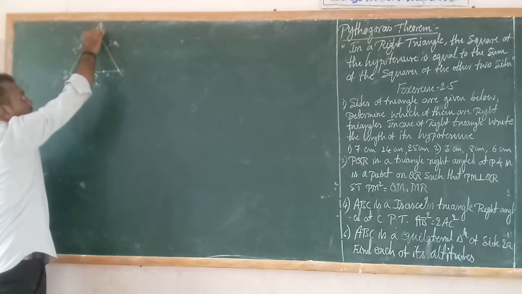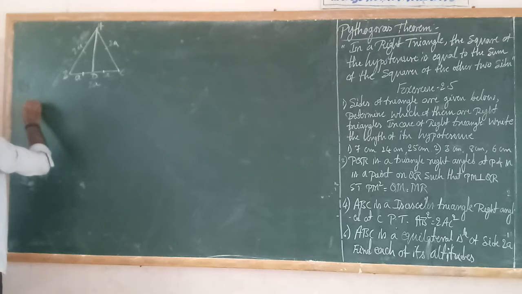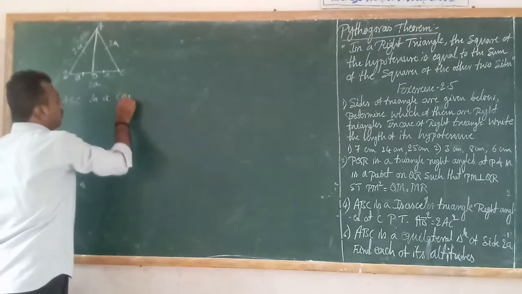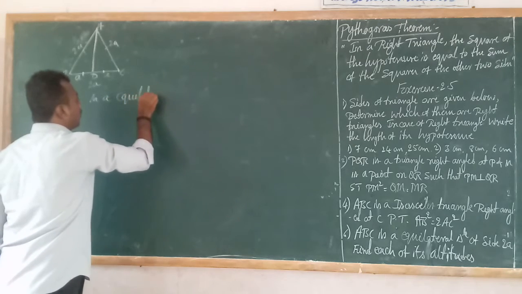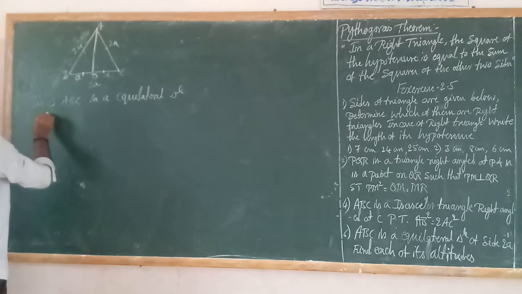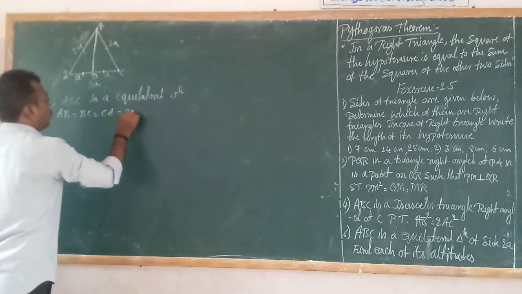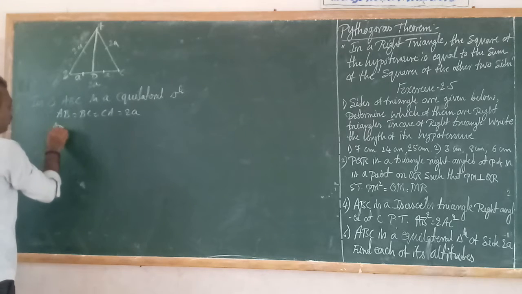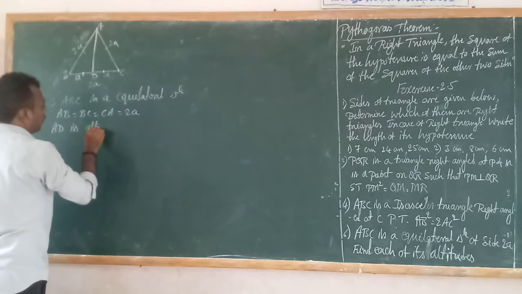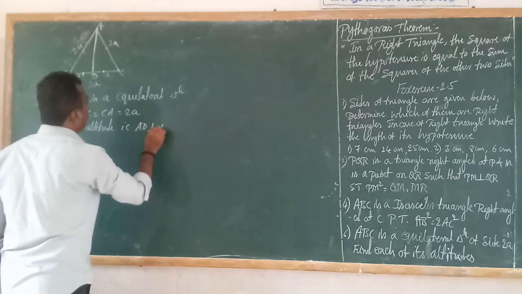Now we have to calculate the AD length. This is the altitude. So in triangle ABC, an equilateral triangle, AB is equal to BC is equal to CA is equal to 2A, and AD is the altitude, that is AD is perpendicular to BC.